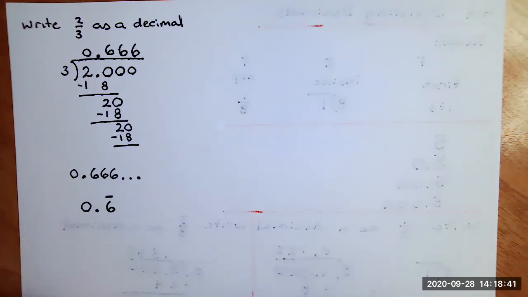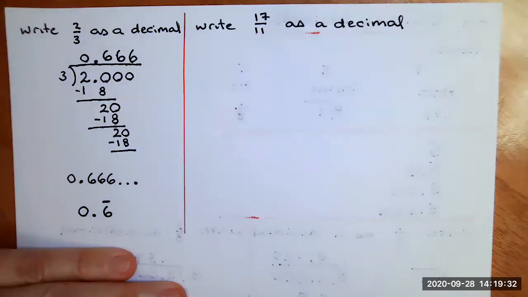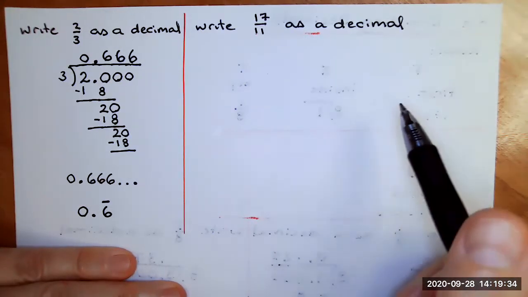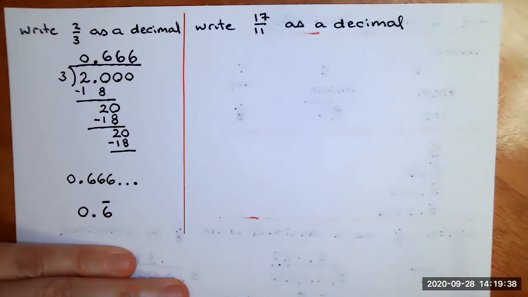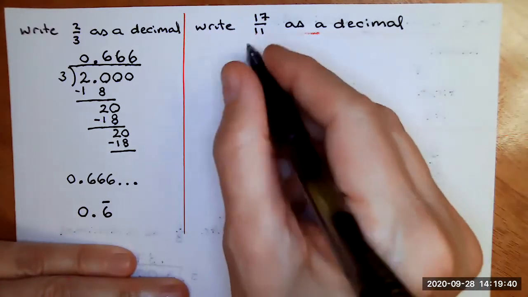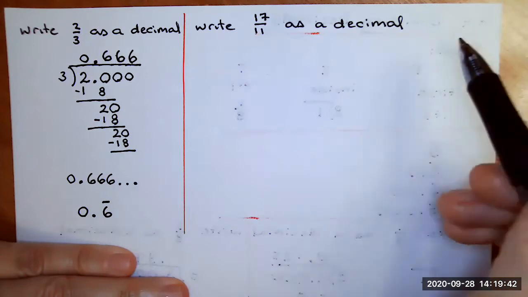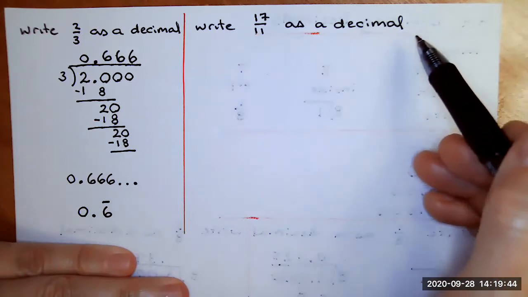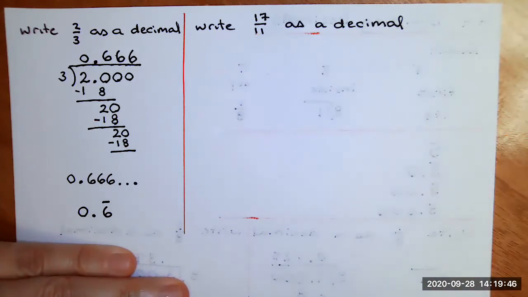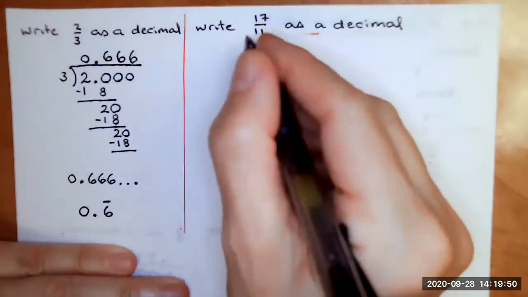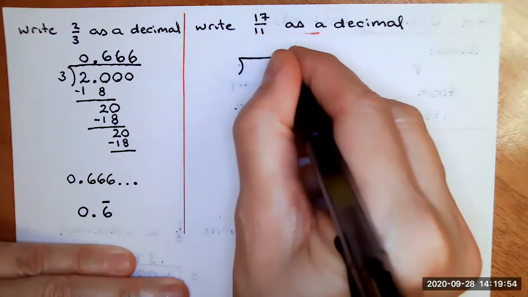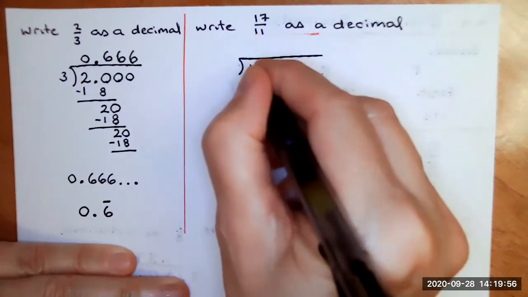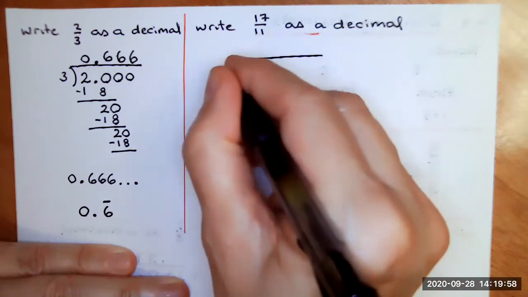All right, let's try another one. All right, let's write 17/11 as a decimal. So, oh yeah, and hit the pause button and try this one on your own first. Okay, so the first thing you need to remember is that the number that's on top is the one that goes on the inside.